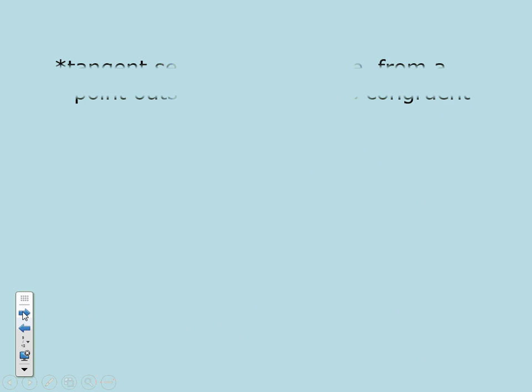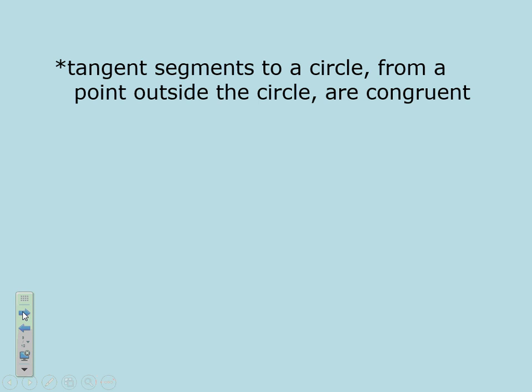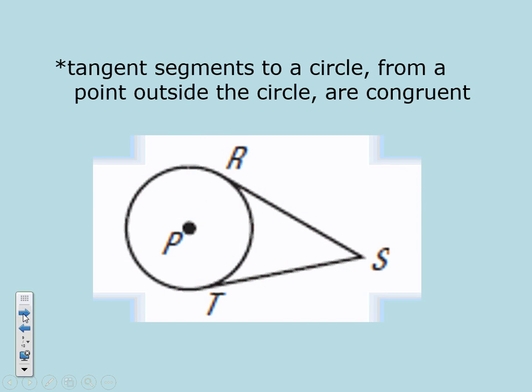Moving on. Almost done. Tangent segments to a circle from a point outside the circle are congruent. So if tangent segments come together at a point outside the circle, here's tangent number 1, here's tangent number 2, and they meet at a point outside the circle.